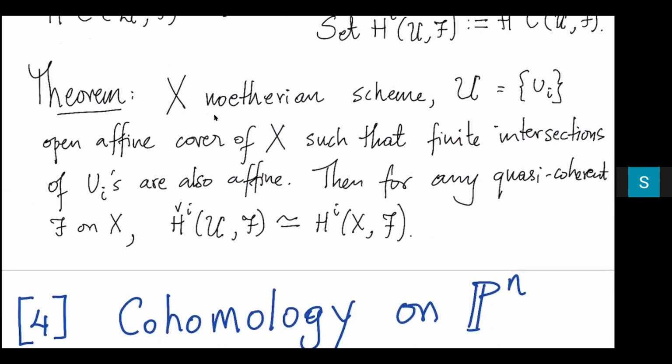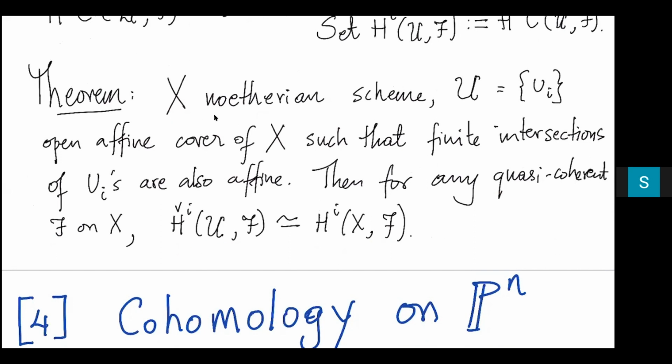And if you make that assumption, which is true for a large class of schemes, so I'll say something about that shortly, then for any quasi-coherent sheaf F on X, its derived functor global sections cohomology agrees with the Čech cohomology.